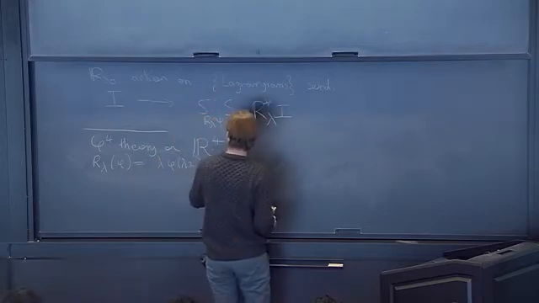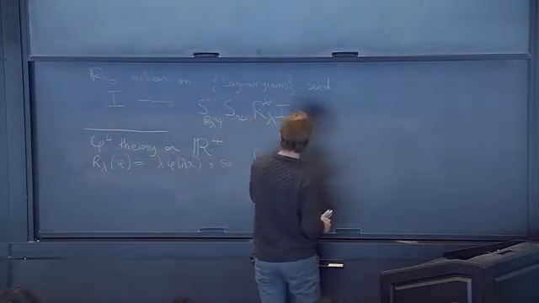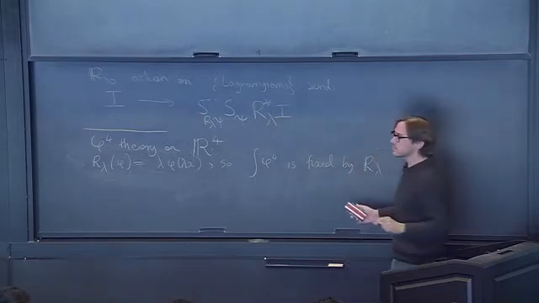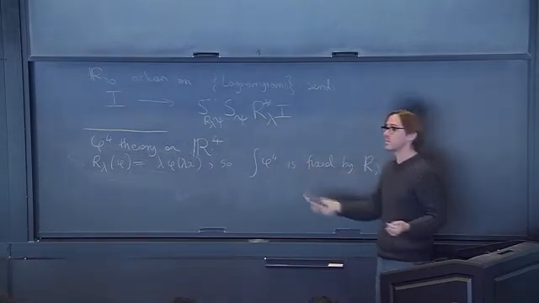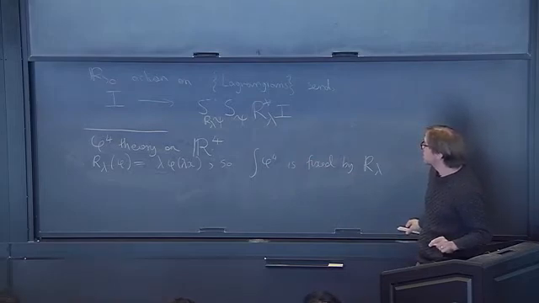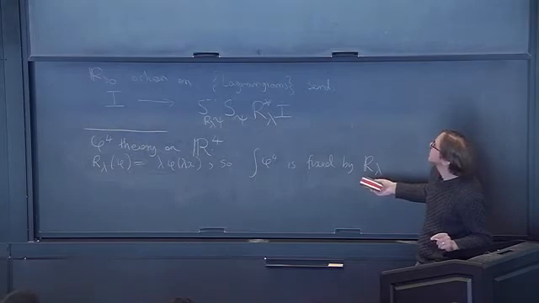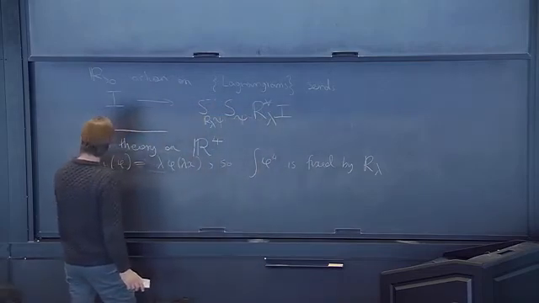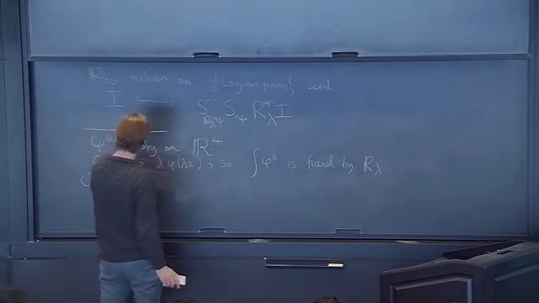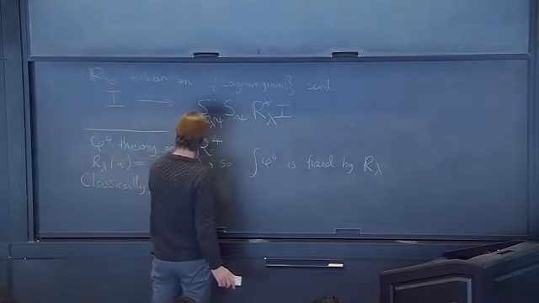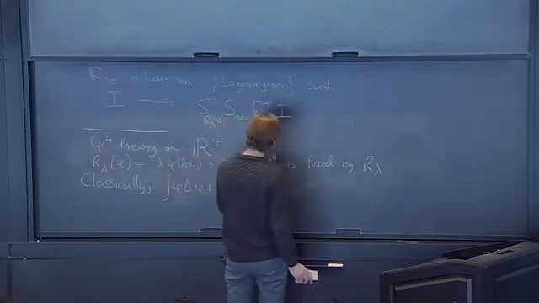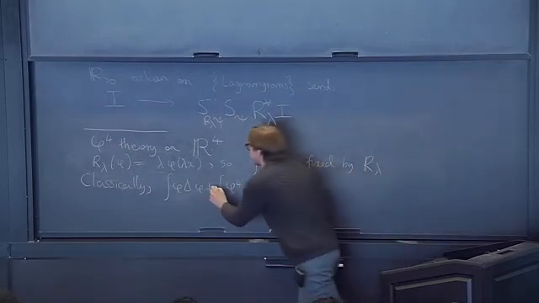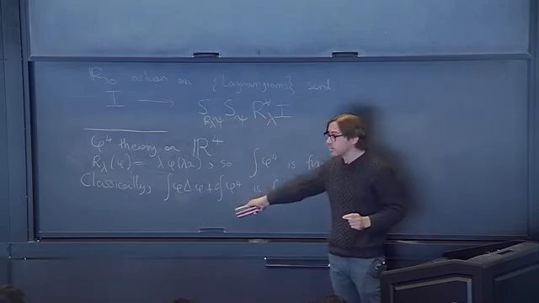So you can check that the integral of phi 4 is fixed by this rescaling, just because there's 4 of them and they shift dimension 1. So classically, I'll put a constant here. We're going to figure out what's going to happen at one loop.